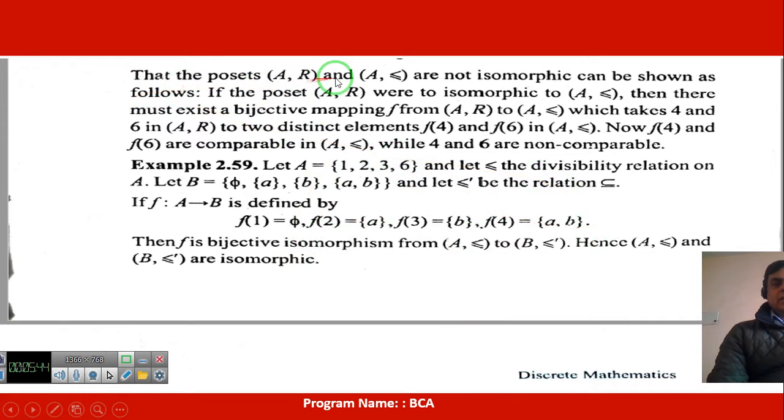That the partial order sets are not isomorphic can be shown as follows. For the partial order sets to be isomorphic, there must be a bijective mapping from one to the other. This is the definition. Take 4 and 6 in the first set, two distinct elements, with images F(4) and F(6).